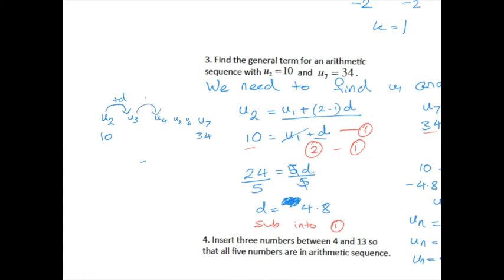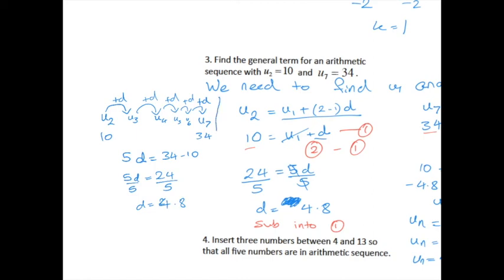To get from there to there, I'd add another D, another D, another D, another D. So what that means is 5 Ds should equal the difference between 34 and 10. Would that make sense? So 5D would equal 34 minus 10, or in other words, 5D is 24, divide by 5, divide by 5. D is 4.8 or 24 on 5, which is right.